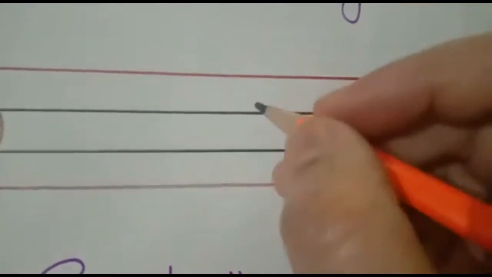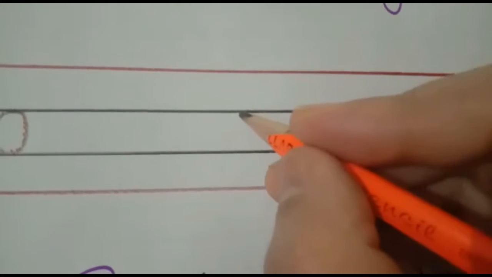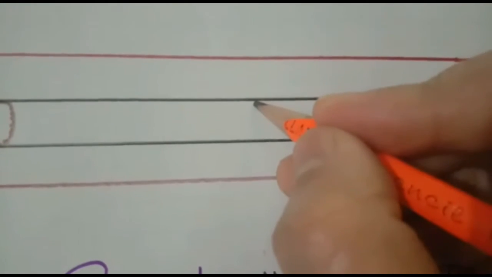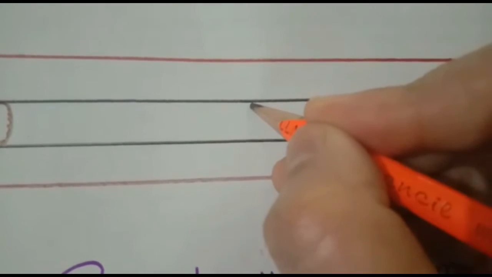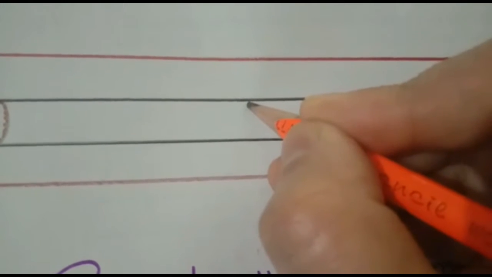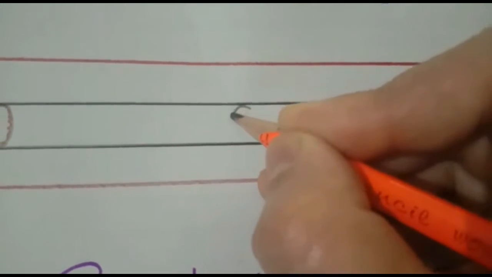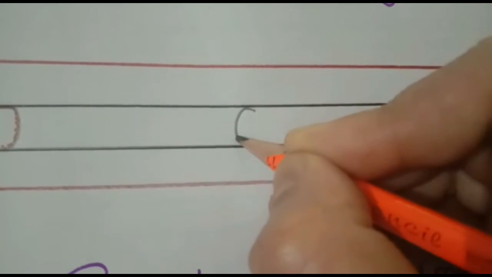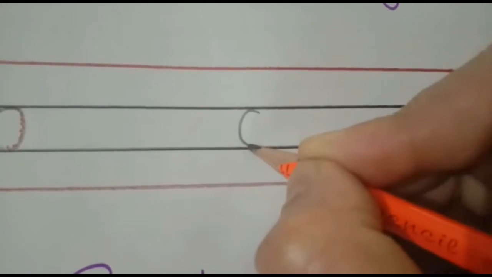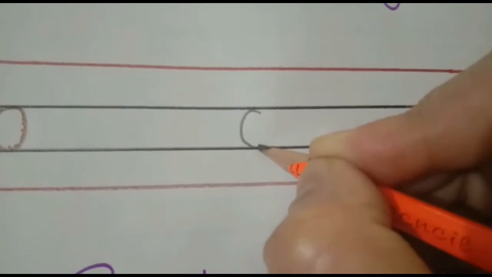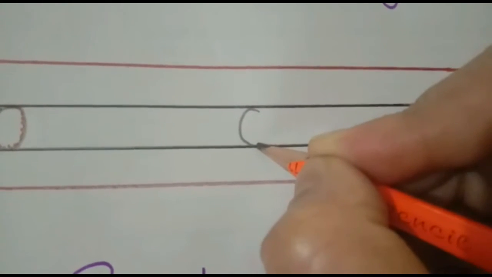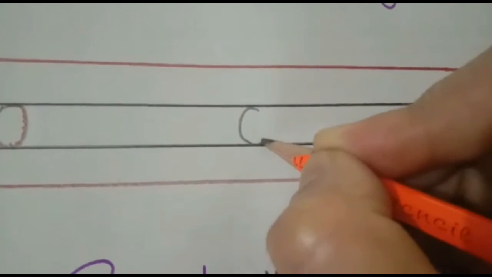Okay, now next, I will write this letter without dots. First, I will start with the middle line like this and come down and touch the baseline, and make an anti-clockwise half circle.